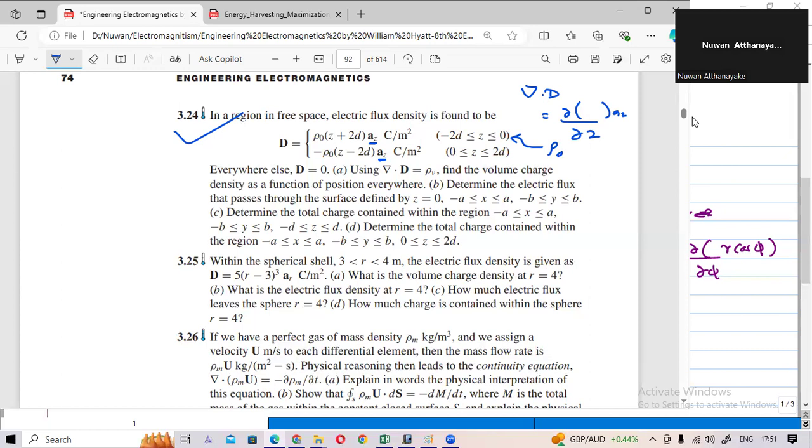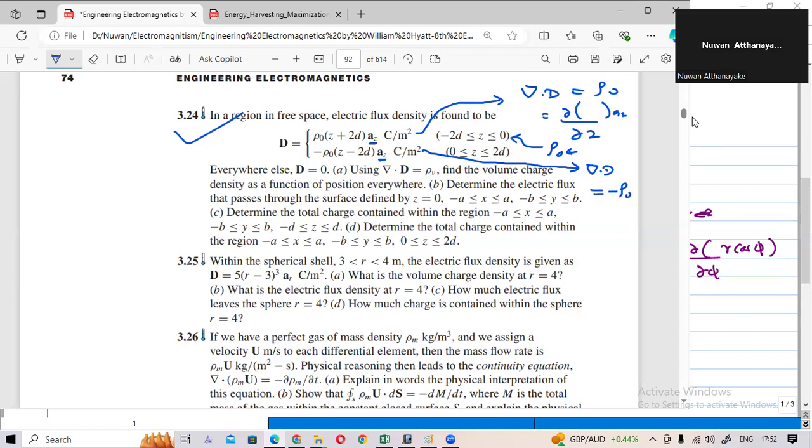Okay. So the answer will be this one. This is the divergence of D. Divergence D at this time is equal to rho naught. Okay. If you consider divergence D for this one, again rho naught minus rho naught Z, so you will have minus rho naught. If you get the divergence here for this section, divergence D, again you will have minus rho naught. Okay. So that is the answer.